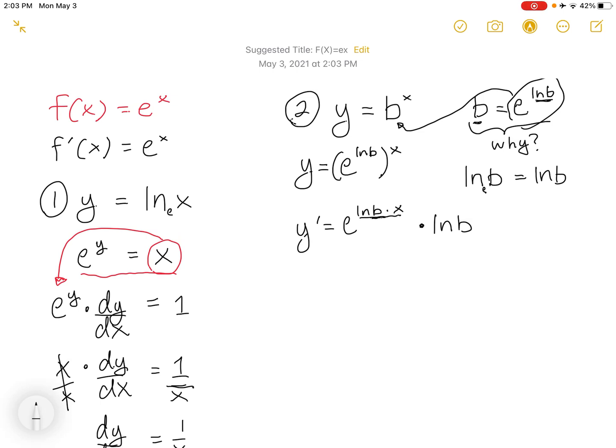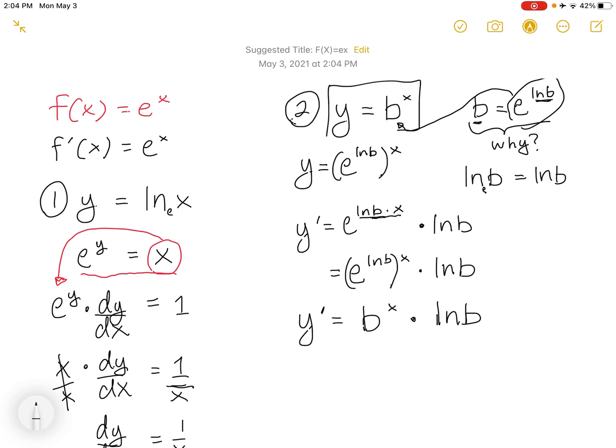Now, this is equal to e to the ln b to the x times ln b. And now we can sub b back in for e to the ln b, which is just b to the x times ln b. So that is the derivative of this original function.